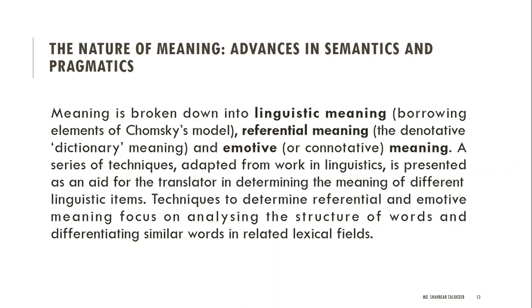And differentiating similar words in related lexical fields, especially in the emotive meaning. You have to find the difference between different kinds of lexical items, so that you can determine the exact meaning of the word that you are working with.